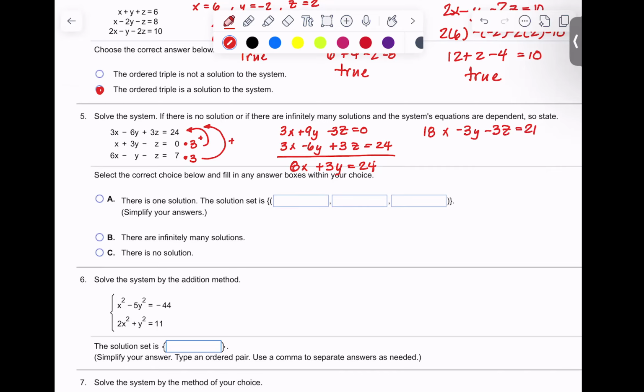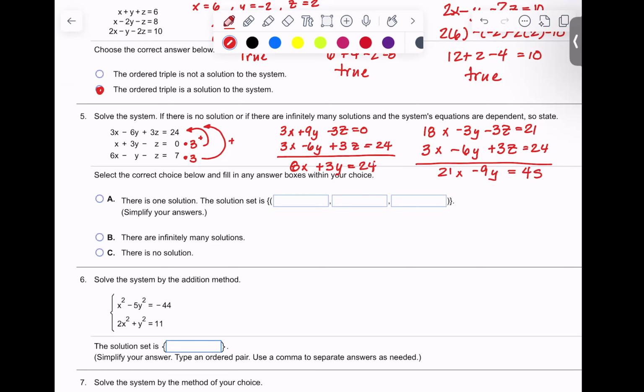And we're going to add that to the top equation. So I end up with 21x minus 9y is equal to 45.